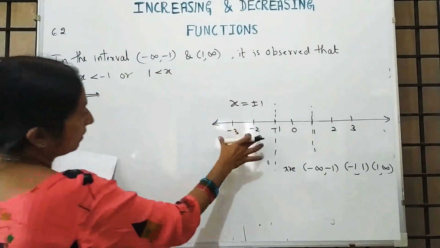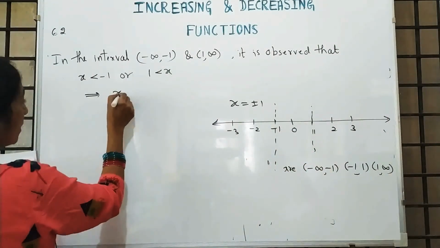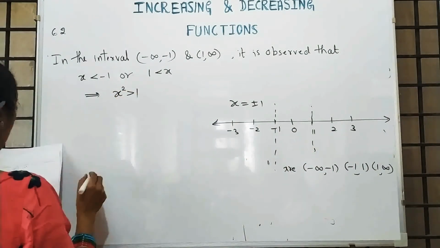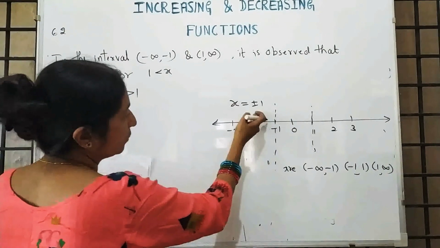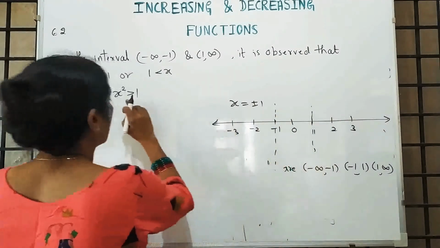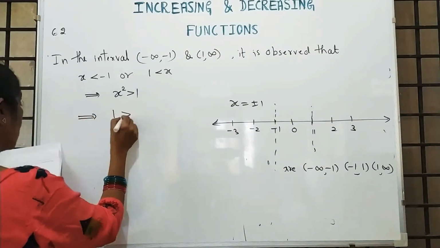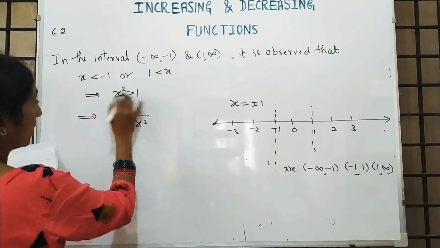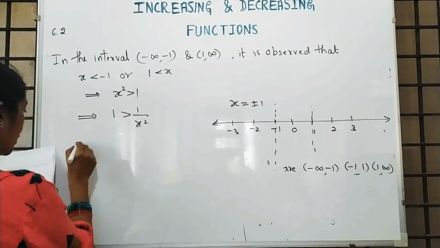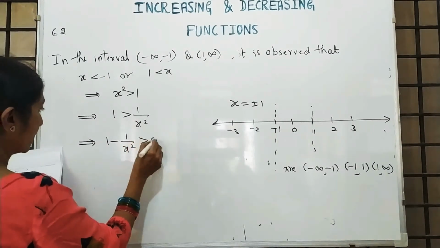In both the cases, what we are observing, x square is greater than 1. Is it correct or what? If you take minus 2 square 4, minus 3 square 9, and here 2 square, 3 square, they are greater than 1. Implies 1 is greater than 1 by x square. Taking a reciprocal, the sign will interchange. Implies 1 minus 1 by x square is greater than 0.